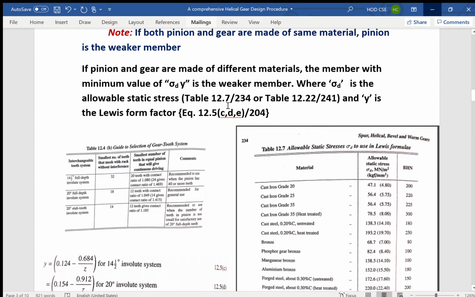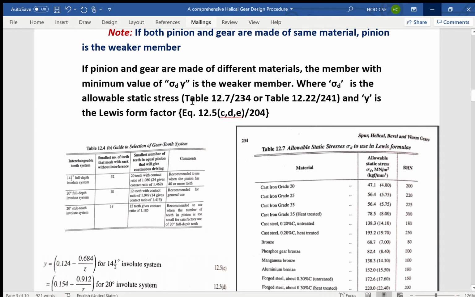Table 12.7, page 234, or table 12.22, page 241, exclusively for helical gears. We can have allowable static stress values from these two tables based on the materials.